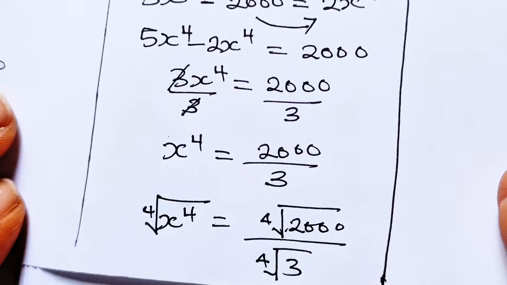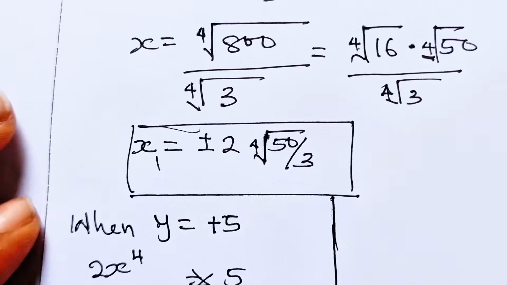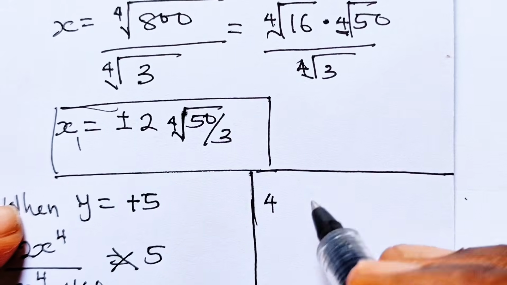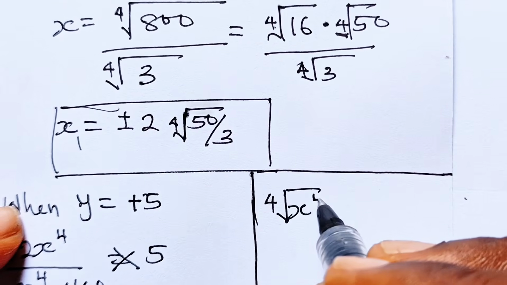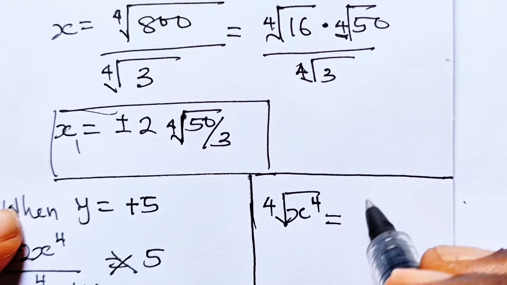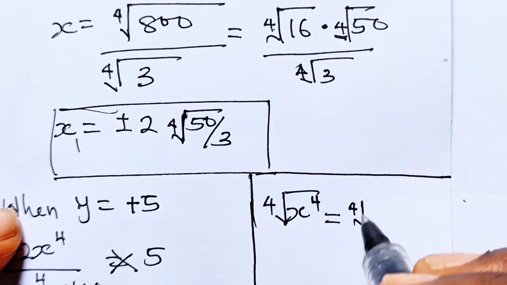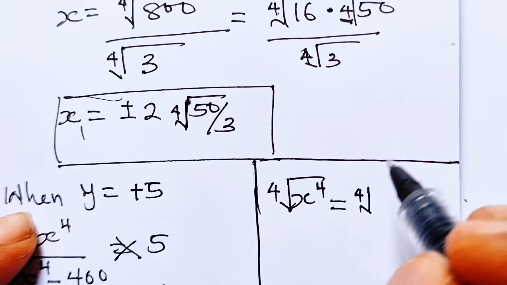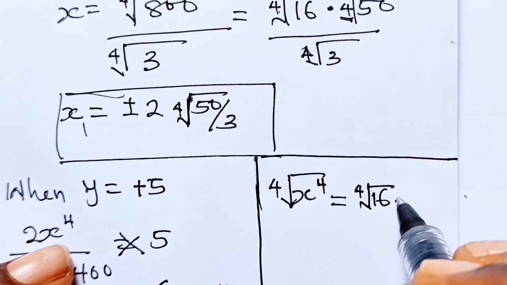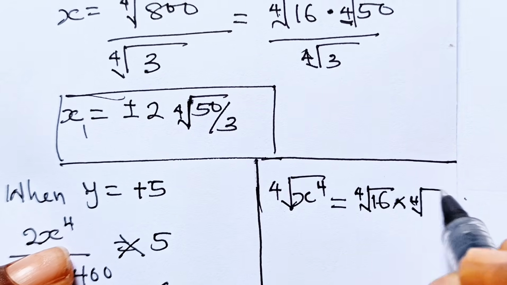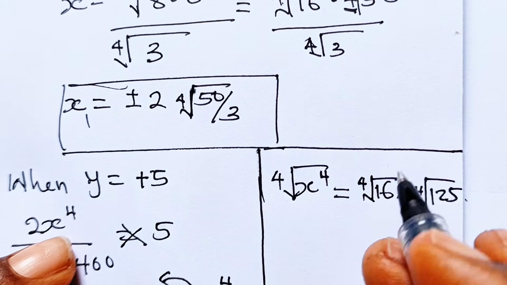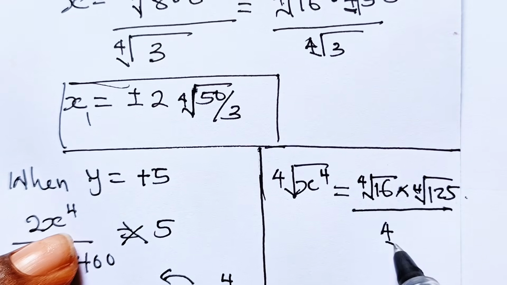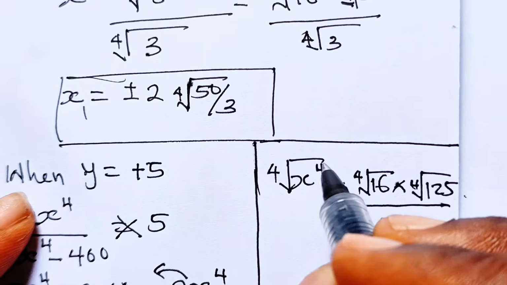Now, if we solve this further, 2000 is the same thing as 16 times 125, so we have fourth root of 16 multiplied by fourth root of 125, divided by fourth root of 3.